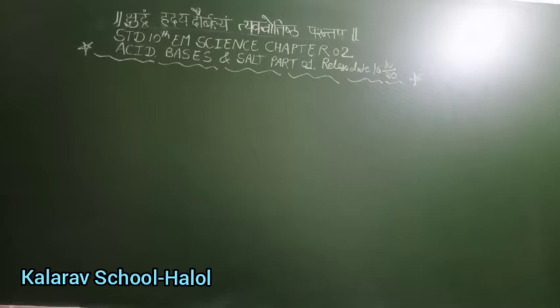One activity is given here: collect the following solutions from the science laboratory. First is hydrochloric acid, that is HCl. Second is sulfuric acid, that is H2SO4. Next is nitric acid, and then acetic acid, then sodium hydroxide NaOH, calcium hydroxide Ca(OH)2, potassium hydroxide, magnesium hydroxide, and ammonium hydroxide NH4OH.